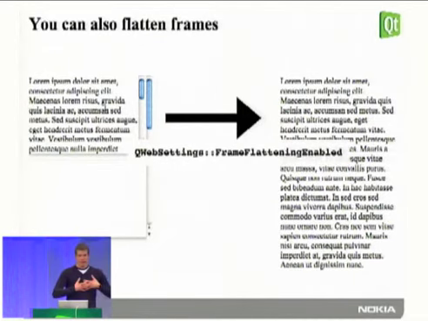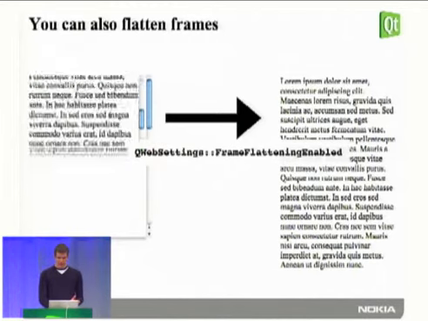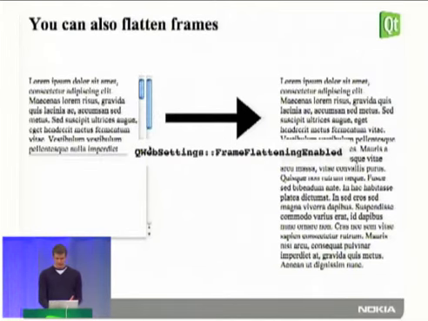Now you are flattening all the iframes, and all the frames increase in size to the size of their content, and you don't see any scroll area anymore. You don't have any scroll bar in the page. So with this content, you use frame flattening, and you end up with a different layout where WebKit changes the size of everything to get this layout without any scroll bar.